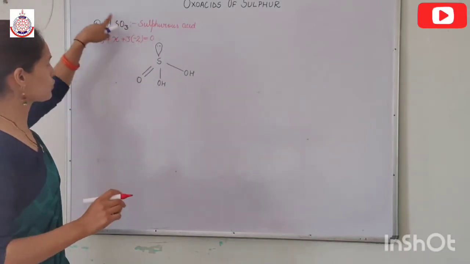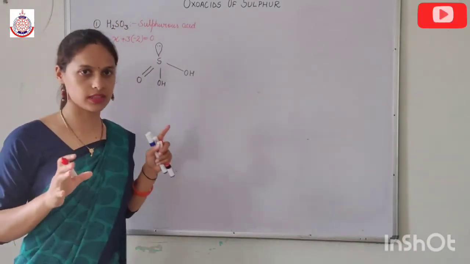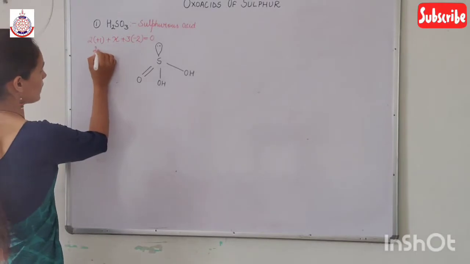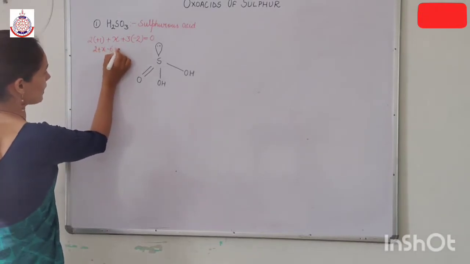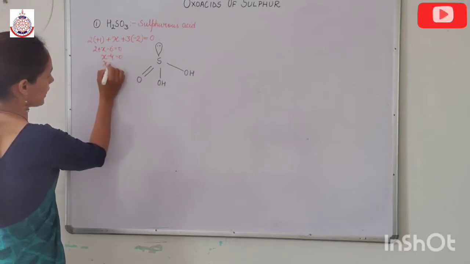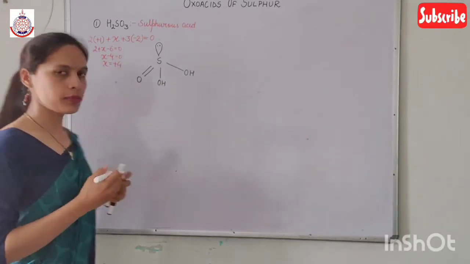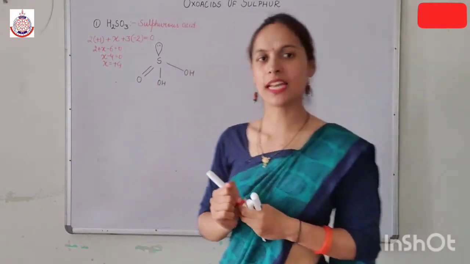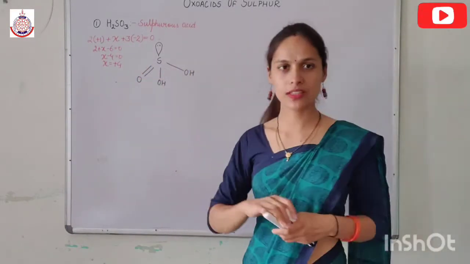Why 0? Because the overall charge on this compound is 0. So 2 plus X minus 6 equals 0, X minus 4 equals 0, and X equals plus 4. This is one method with which we can calculate the oxidation state of sulfur.